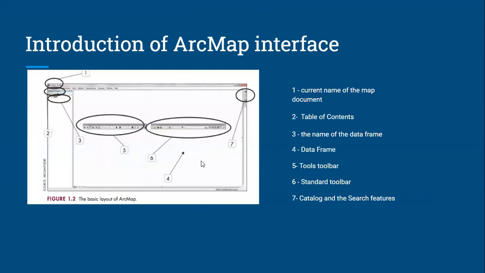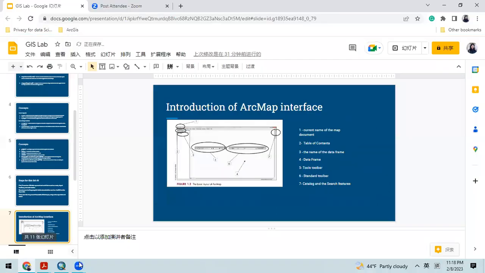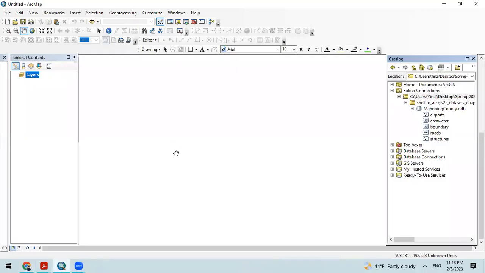So this is a little bit of introduction about the ArcMap interface. Let me open my app here. This is ArcMap. This is basically the map document. You can give your map document a different name.